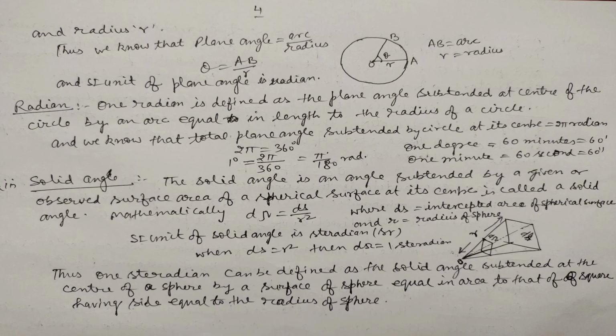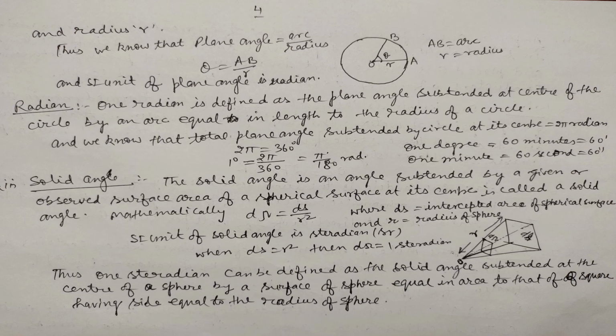So we are taking this ds as the observed or subtended area, and this d omega is the solid angle. So this is equal to ds upon r square.